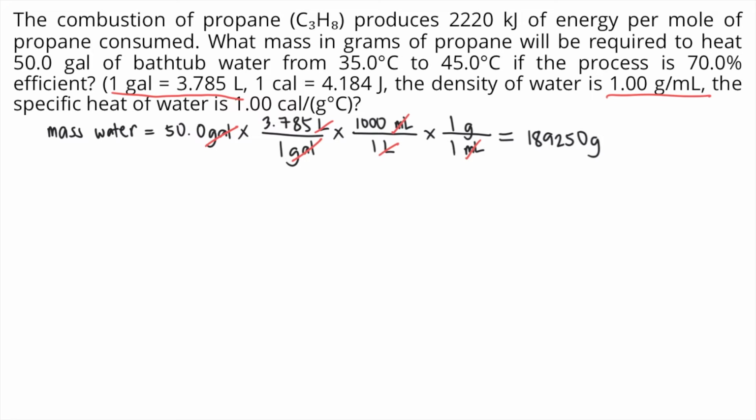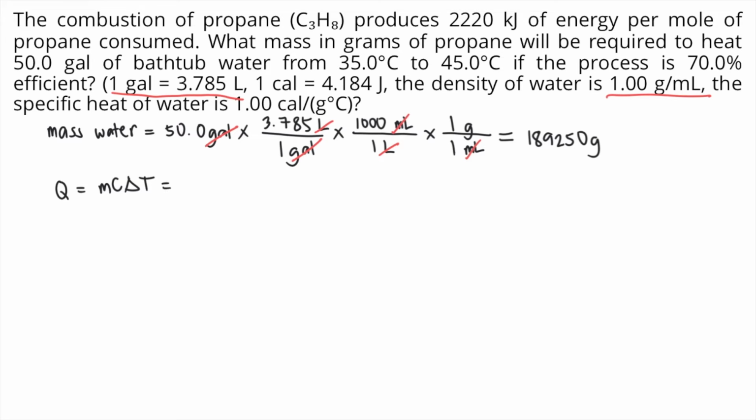the heat required to heat that amount of water from 35 degrees Celsius to 45 degrees Celsius. And the formula we're going to use for that is, of course, Q is equal to MC delta T. So Q stands for the heat, M stands for the mass, C stands for the specific heat, and delta T stands for the change in temperature.